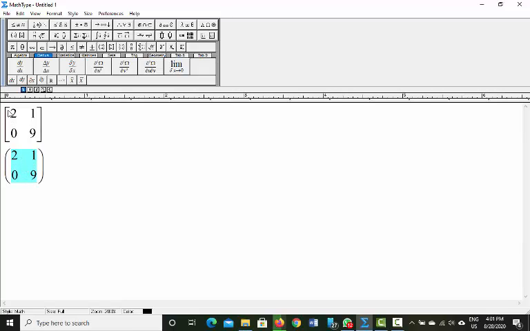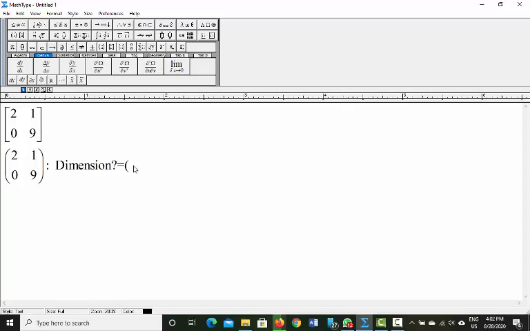If you are asked to identify the dimension of a matrix, first you need to identify how many rows are there.